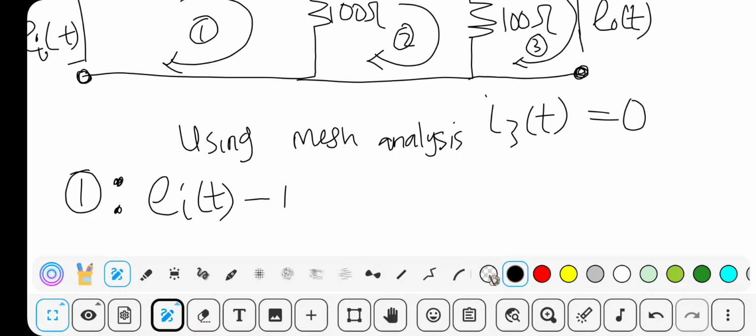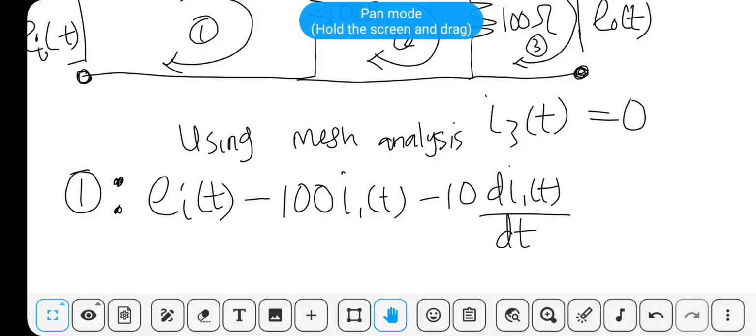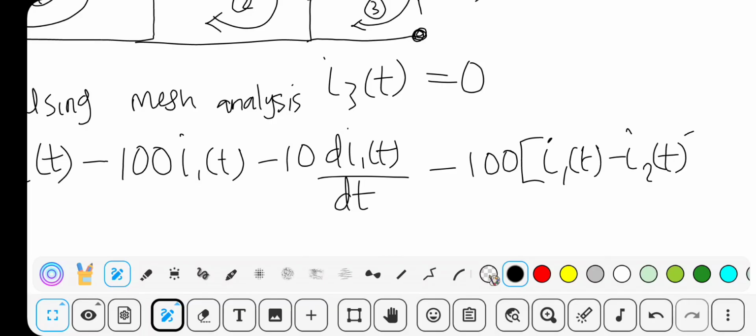There will be a voltage drop across the inductor, and a voltage drop across the resistor that is common to mesh 1 and 2, so this will be 100 times I1(t) minus I2(t), which is equal to 0.